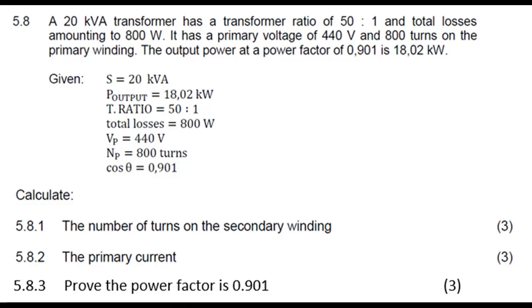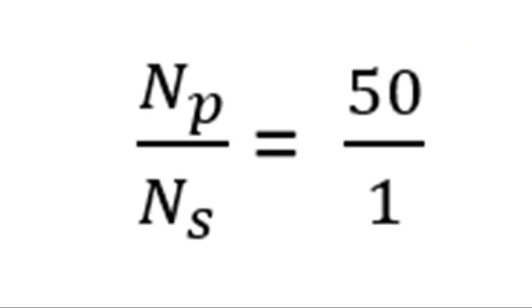The first question says the number of turns on the secondary winding. To calculate that, we'll use the formula NP over NS, and we get a transformer ratio of 50:1. Now to calculate NS, we know that there's 800 turns on the primary.